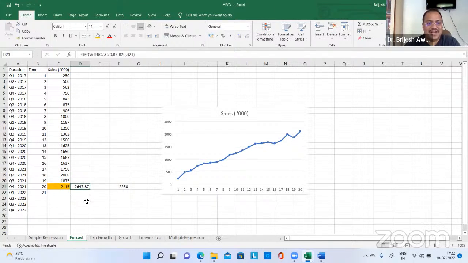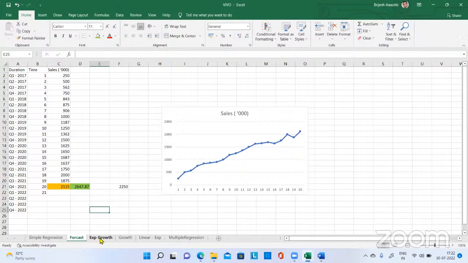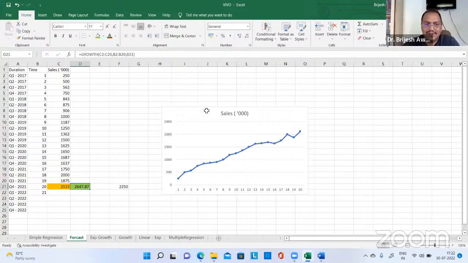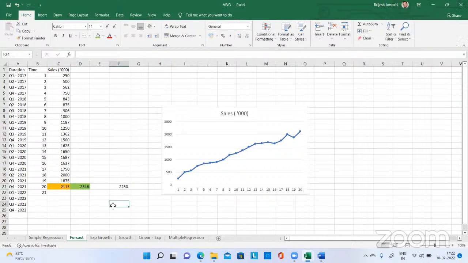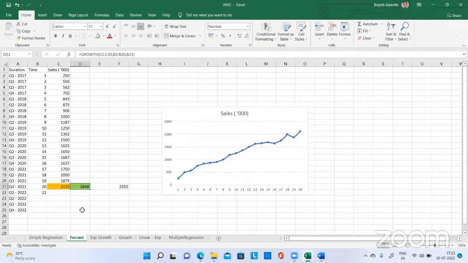What is the expected value when I use growth? 2647. Is it good or bad? It is bad, sir. That means this forecasting method is not correct, because my chart shows linearity, not exponential growth.